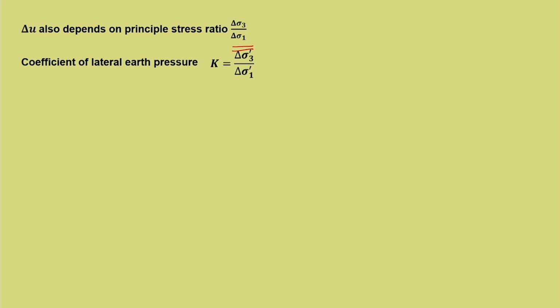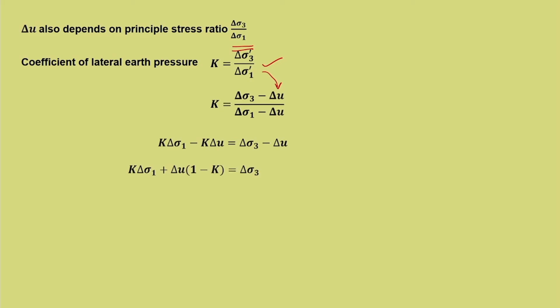Now, we know the coefficient of lateral earth pressure K is equal to delta sigma 3 dash by delta sigma 1 dash. So, K is equal to delta sigma 3 minus delta u upon delta sigma 1 minus delta u, just transferring this to total stress condition. K into delta sigma 1 minus K into delta u is equal to delta sigma 3 minus delta u.